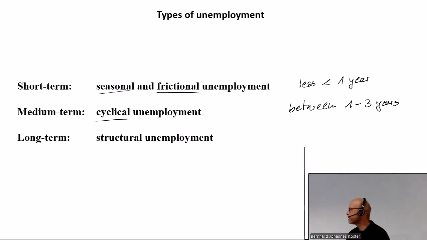And the last one, which I already talked about a little, is maybe the most important kind of unemployment, the so-called structural one.